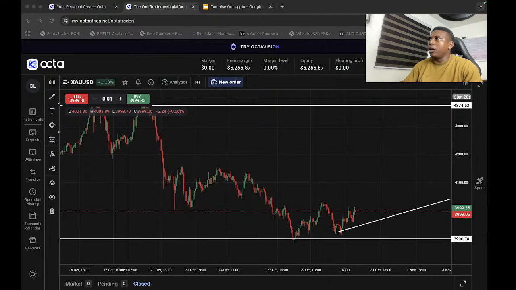All right, so I just had to check in on any technical glitch from my end so that we can have a smooth transition. Okay. So we are on the gold market now.